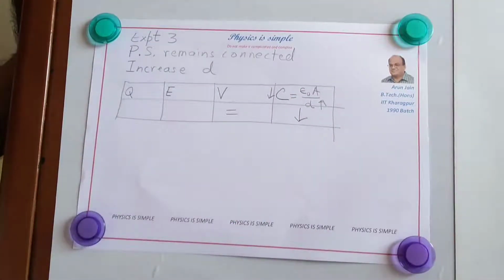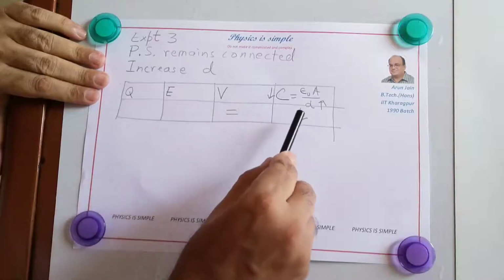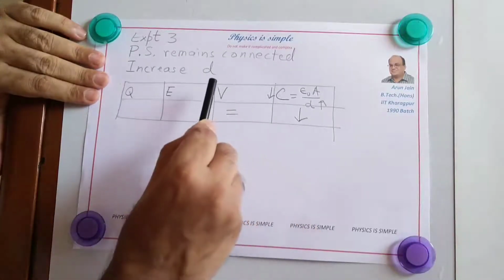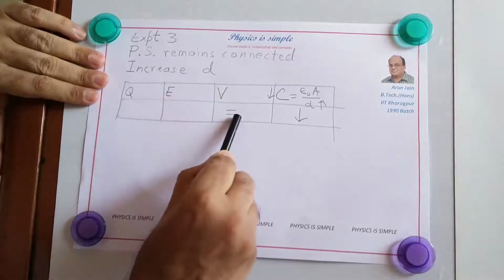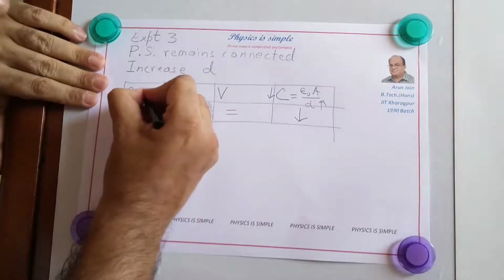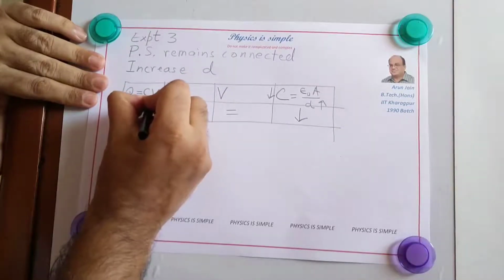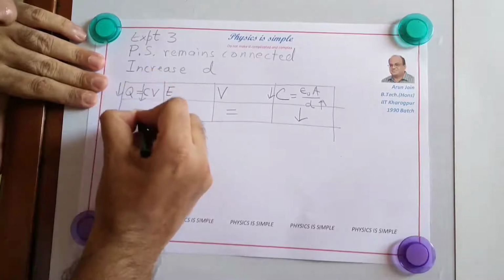What happens to charge? Now charge we must write in a manner so that only one variable is there in the formula. Other things are constant. So here capacitance has decreased. Voltage, the potential difference between the plates, is remaining constant. So therefore Q we can write as CV. V remains constant. Capacitance is decreasing. So charge will decrease.